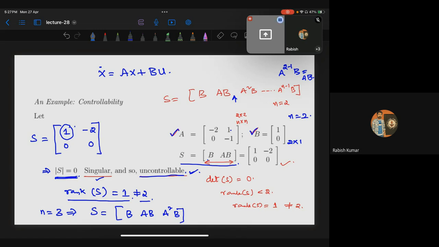For this, again, you have to find the determinant and the rank, whether it is equal to 3 or not, because n is equal to 3. That is how you decide whether the system is controllable or not.